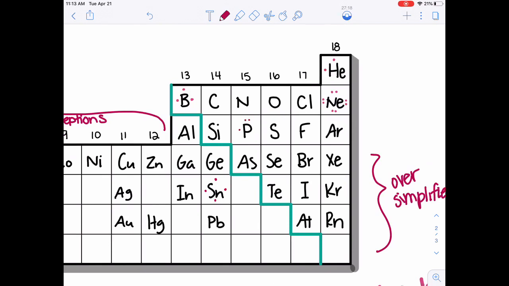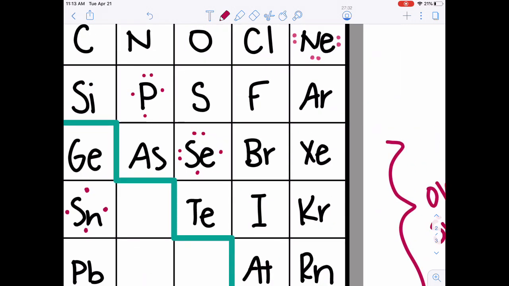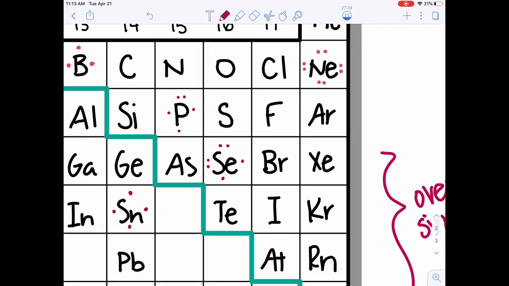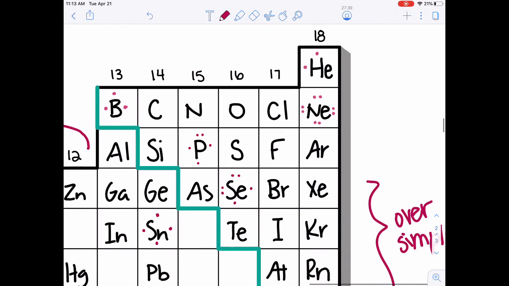Something in the 15th column is going to have 5. The 16th is going to have 6. Again, this is a perfect example: you don't double up until every side has just 1. The 17th column is going to have 7. And then the 18th column has 8, except for helium.